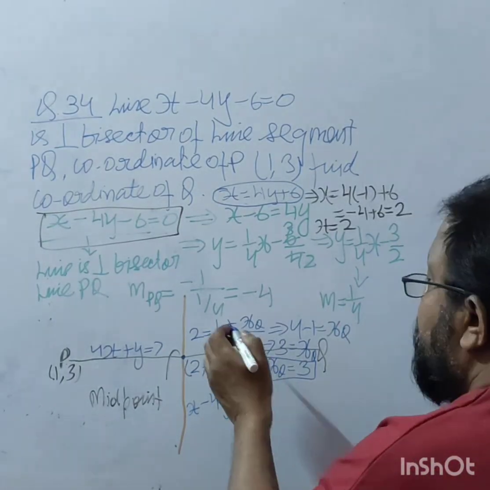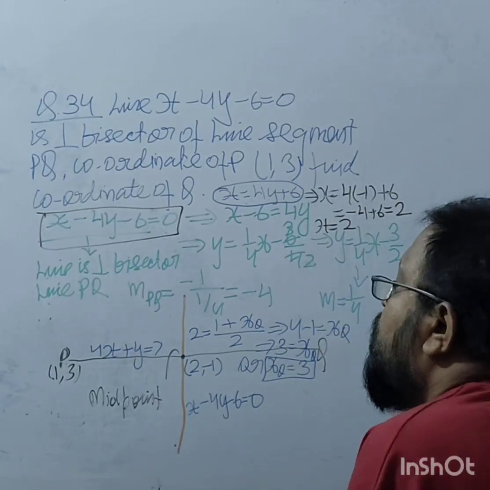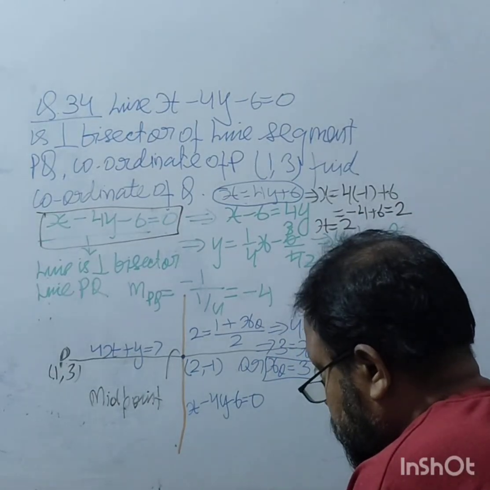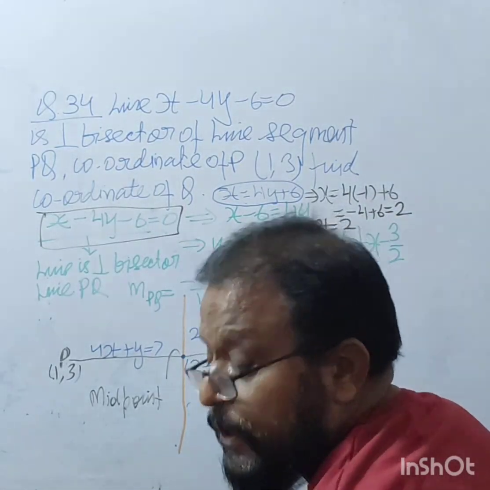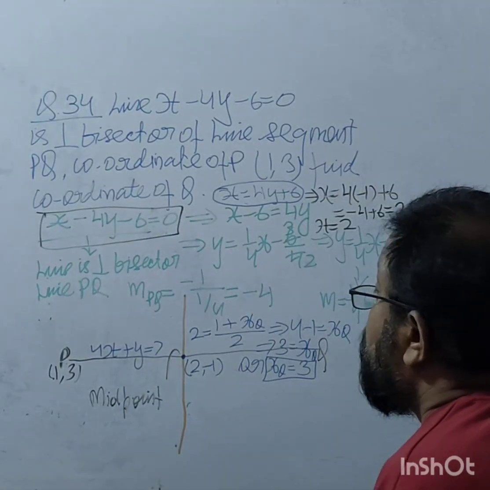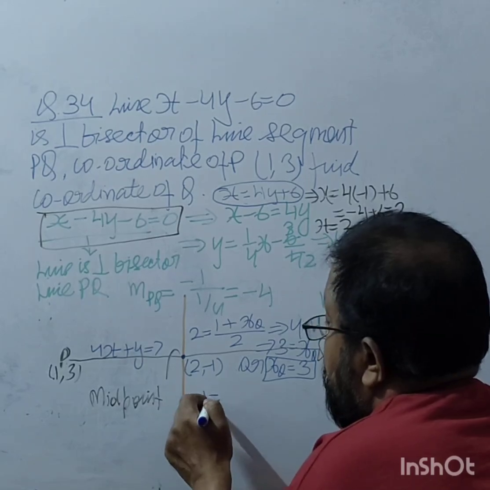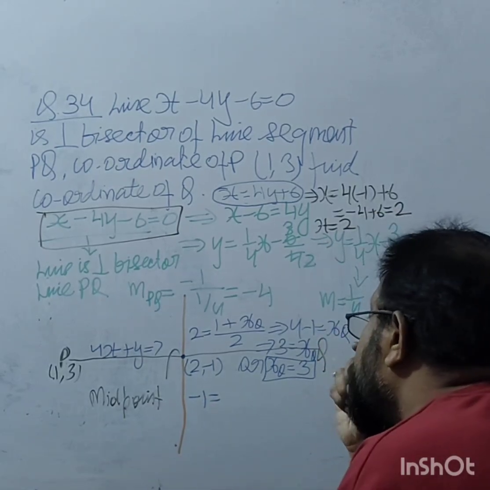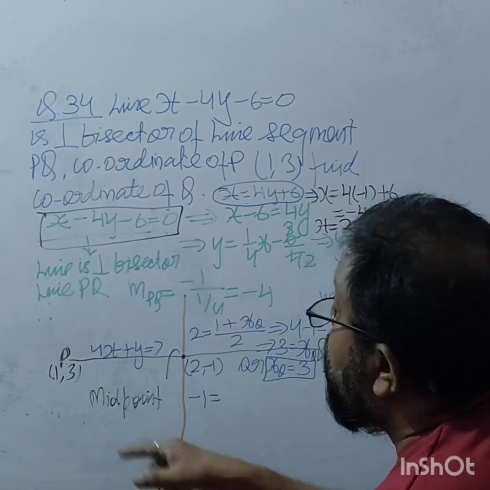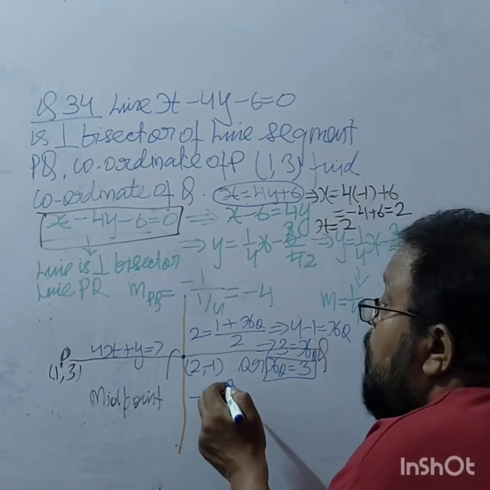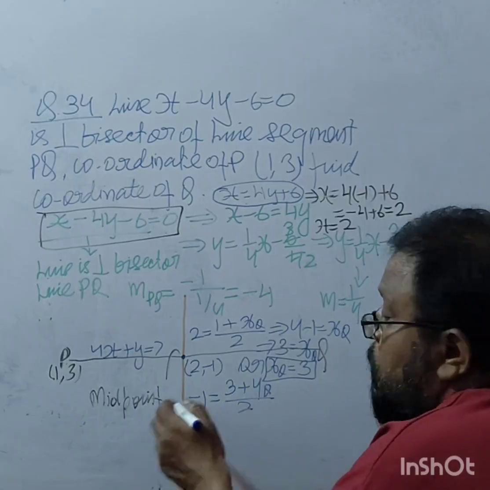In the same way, if we find the coordinate from the other equation, minus 1 is equal to 3 plus y of Q upon 2.